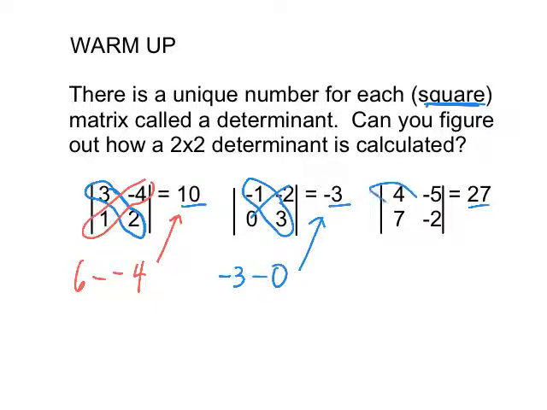The last one, the down diagonal's product is -8 minus the up diagonal's product, which in this case is -35. So it's -8 plus 35, and you get +27. It's just a quick calculated number that we are going to use to solve a system of equations.